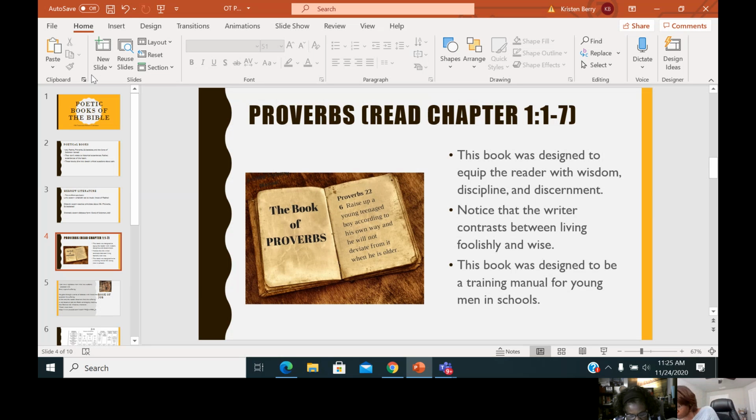Let the wise listen and add to their learning, and let the discerning get guidance. For understanding proverbs and parables, the sayings and riddles of the wise. In verse 7, the fear of the Lord is the beginning of knowledge, but fools despise wisdom and instruction.